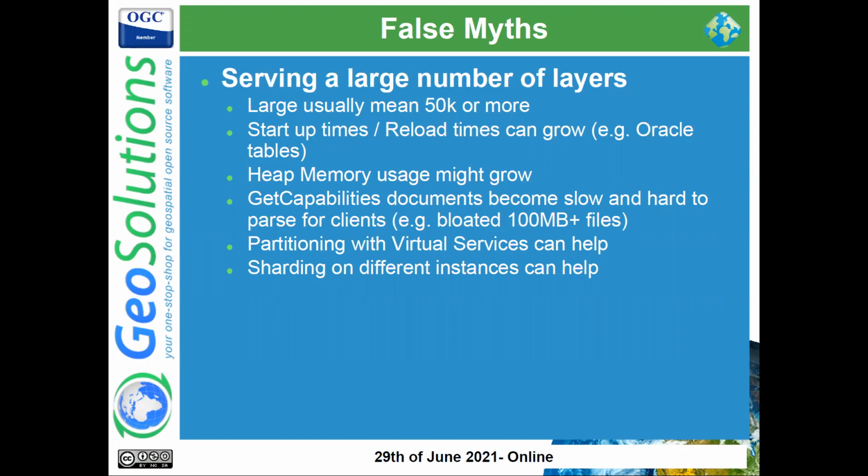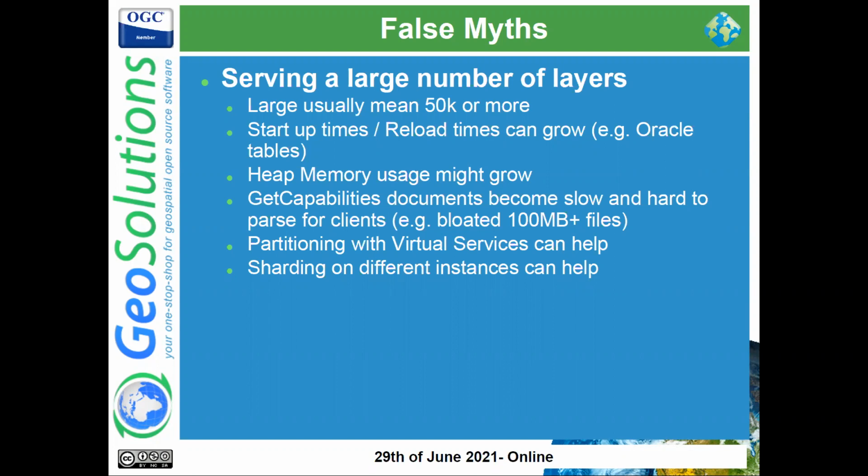Okay, some scenarios where you may end up with high reload times or high memory usage are listed here. Having a higher number of layers can slow down GeoServer startup, it can slow down GeoServer GetCapabilities documents, and so on.